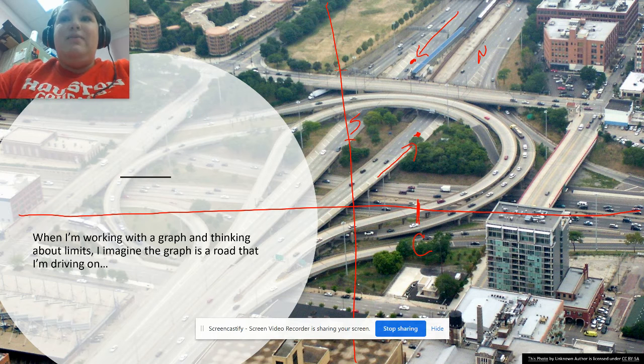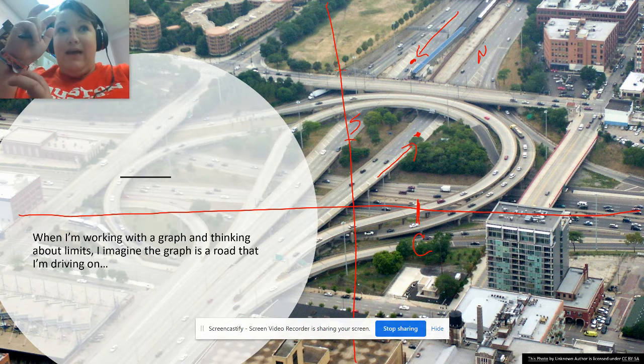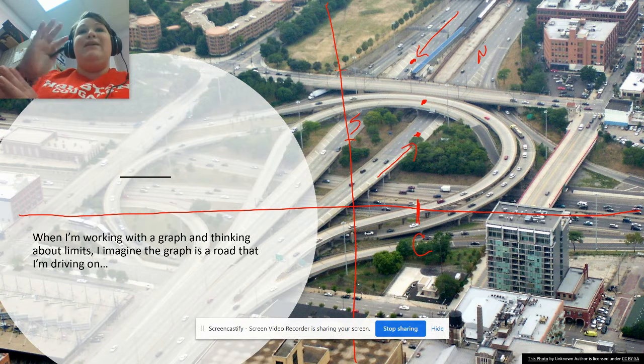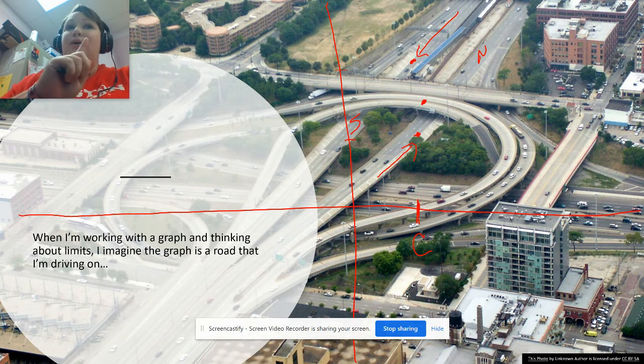And if we picked a different graph or road, maybe we're talking about this one, in that case the north and the south are headed towards the same place. Everybody's headed towards this little middle area. Okay, so a limit is just where the graph is headed. It's not where it goes. It's where it's going. Okay, it's a very important distinction.